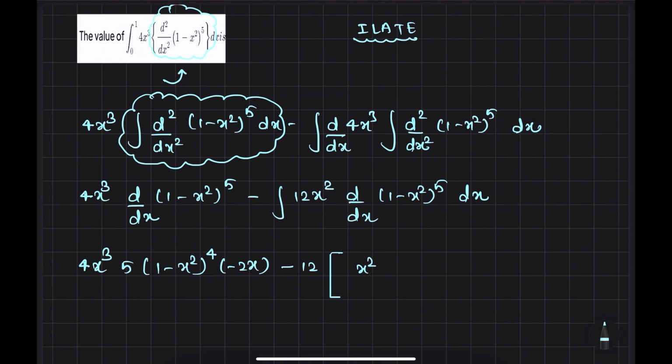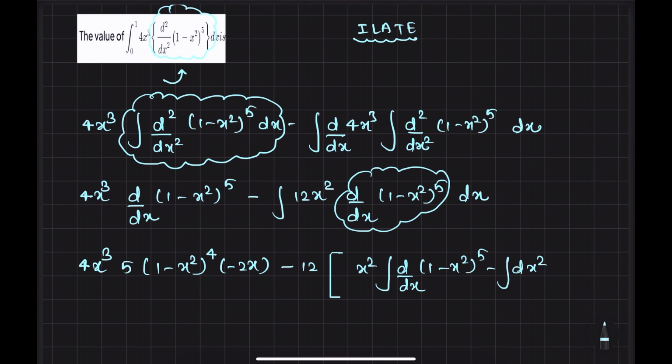So first function, integration of second function. I will be taking this as the second function. First function, integration of second function, minus whole integration of differentiation of first function into integration of second function, 1 minus x square power 5 dx.